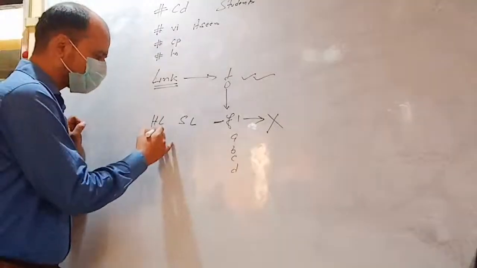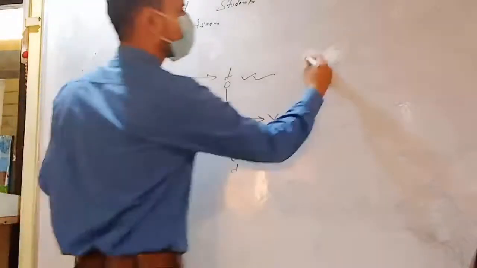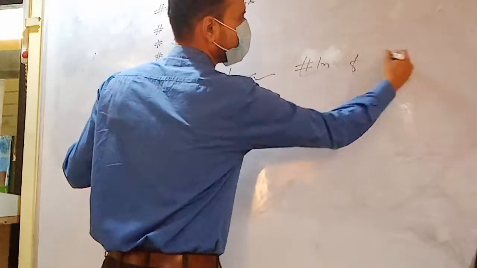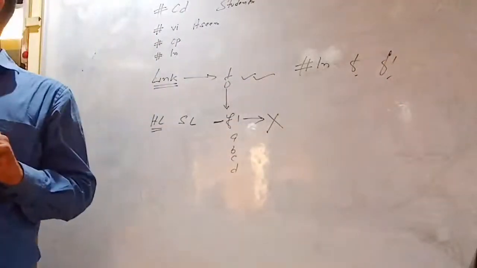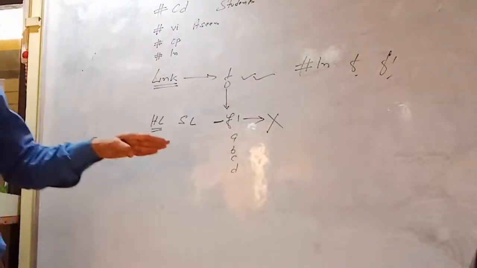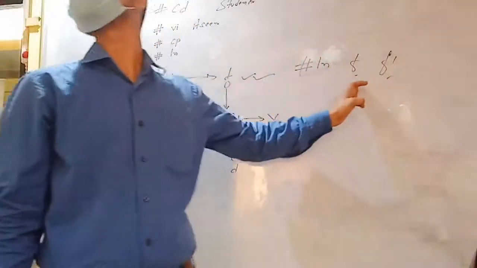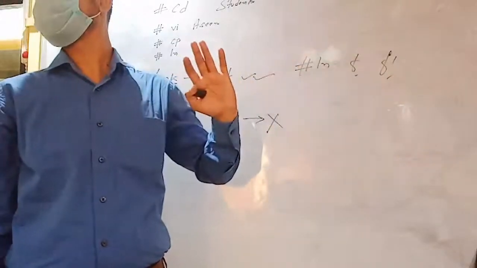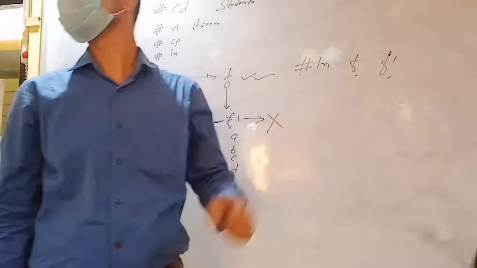In case of a hard link, you just specify the command ln space F and F1, original file first, then the new file. In this case, if you delete the link file, there is no effect on the original file. If you delete the original file, there will be no effect on the link file either.